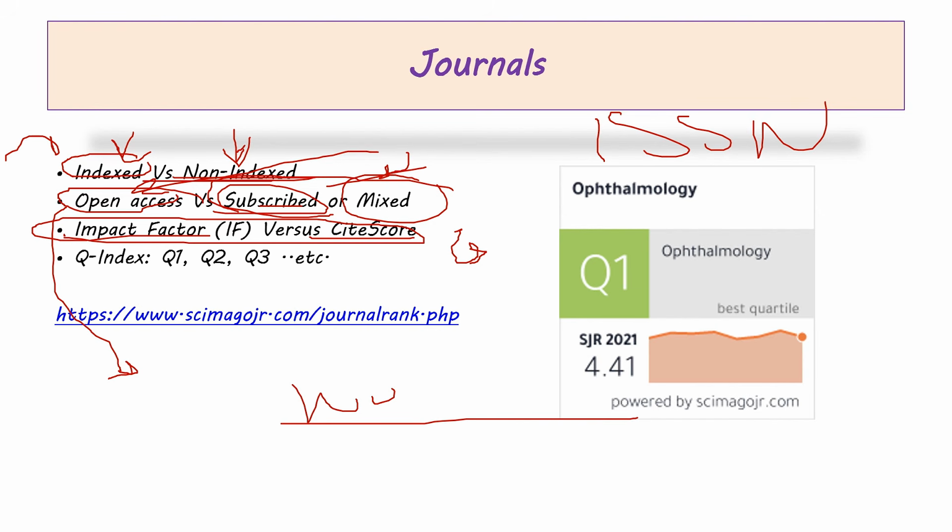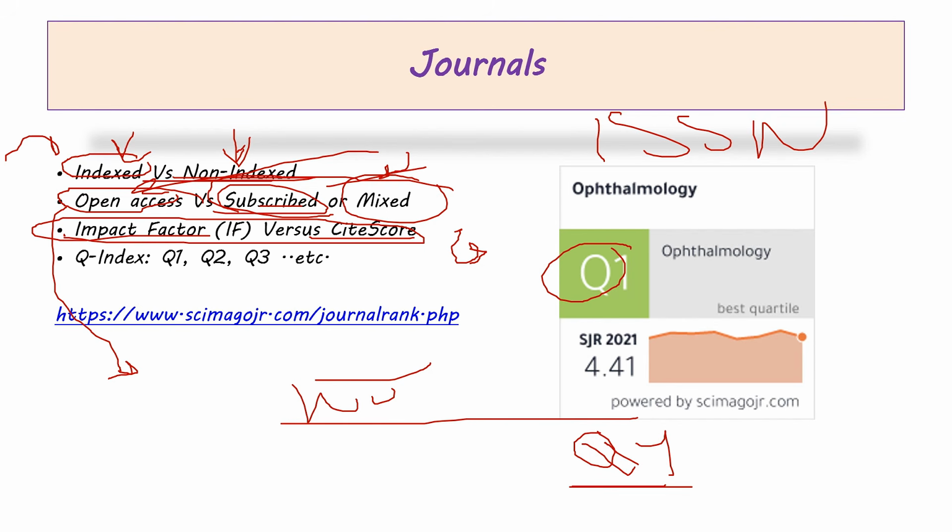It's a way to help researchers evaluate a journal. Is this journal good or not? Q1 journals are the best. Q4 journals are the least. This score depends on the number of publications and the number of citations per year.